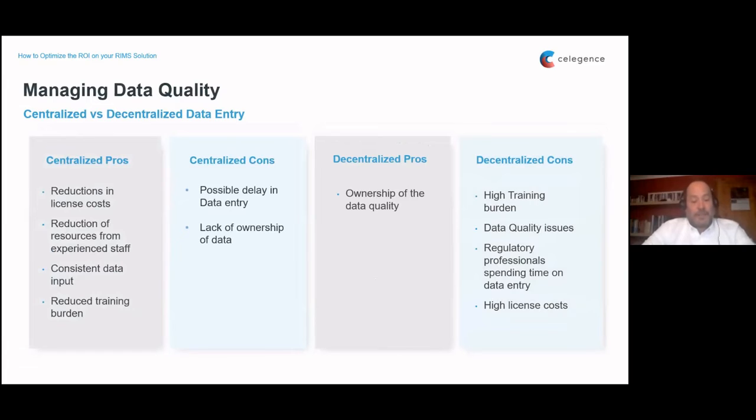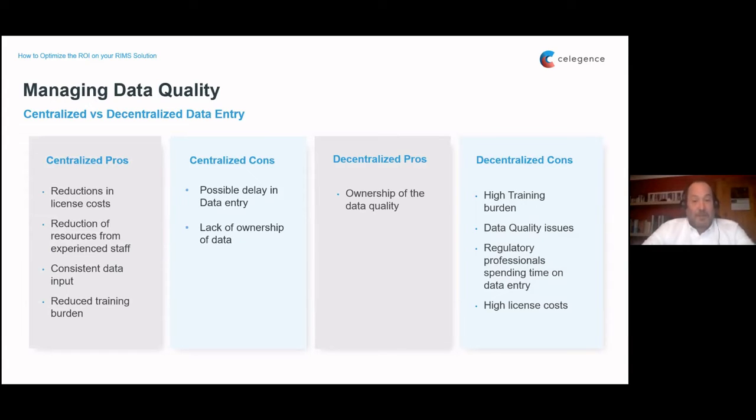Looking at data quality. Unfortunately, I have found one of the key reasons for failure of adoption of RIMS systems comes from lack of stakeholder buy-in. It's also unfortunate that RIMS systems are defined as regulatory information management systems.